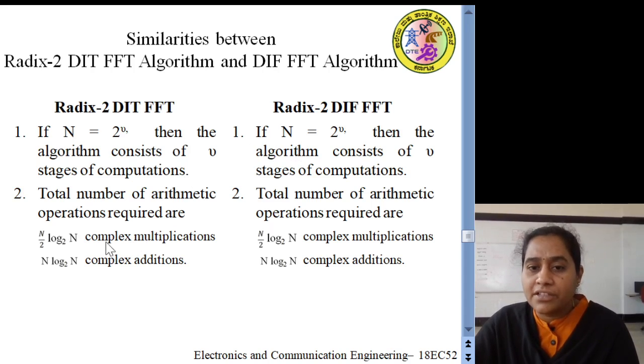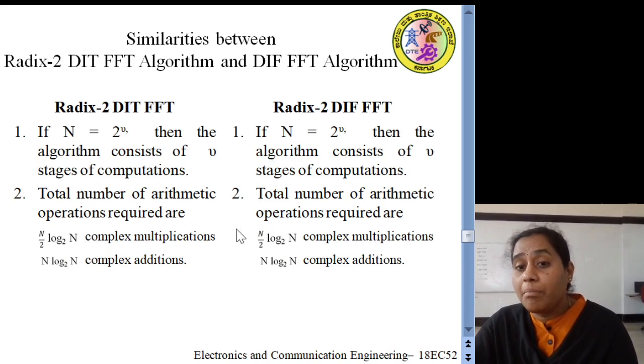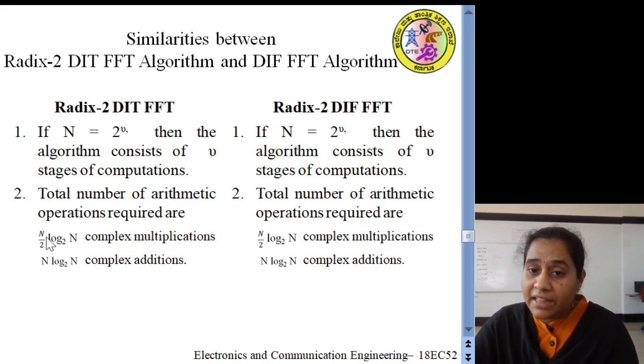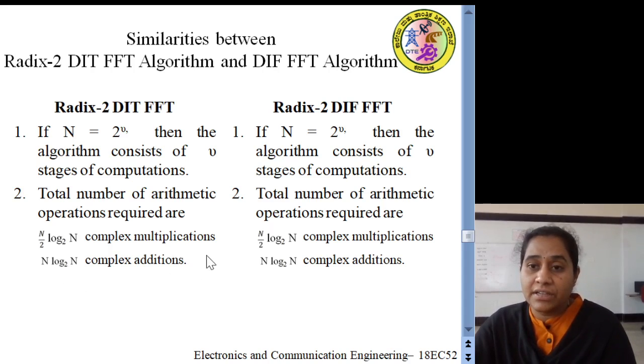The next similarity to be considered is the total number of arithmetic operations required. In the case of the DIT FFT algorithm, there are N by 2 log N to base 2 complex multiplications and N log N to base 2 complex additions.